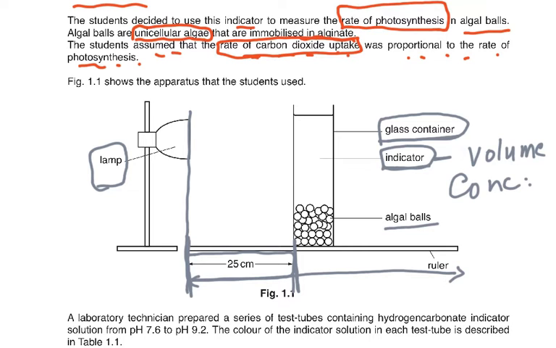Like if I say a 5% sucrose solution, or a 5% hydrogen carbonate solution, or a 5% glucose solution. So volume, are you going to specify the volume? Is it 20 ml? Is it 50 ml? Is it 30 ml? So volume, concentration. Whenever there is a fluid in a paper 5, you must specify the volume and the concentration, or you must keep it constant.